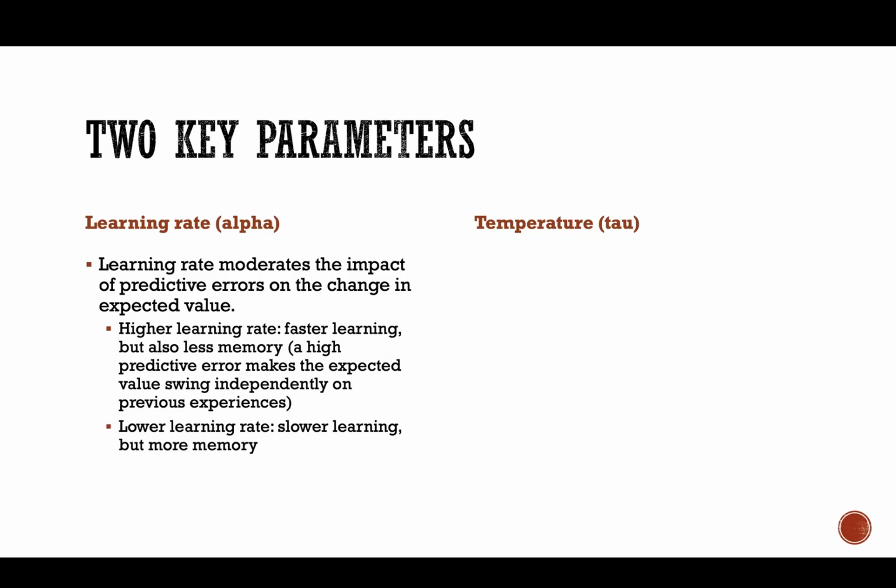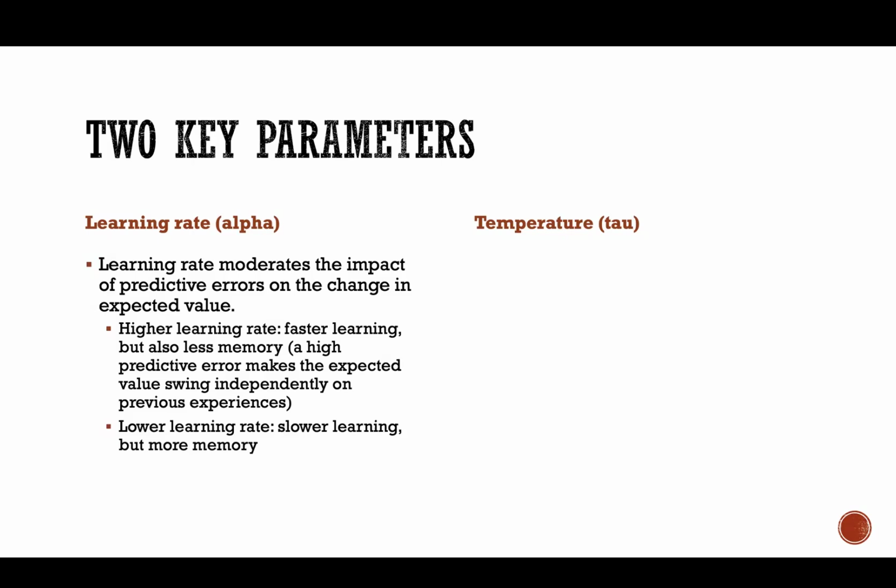But as the task progresses, we decrease the learning rate so that you're only swayed if you consistently break your expectations, right? This is called annealing, for instance, and it's very studied in physics because it's the behavior of glass that at high temperature moves a lot and then it slows down, right?